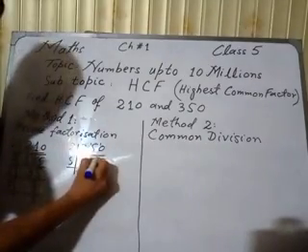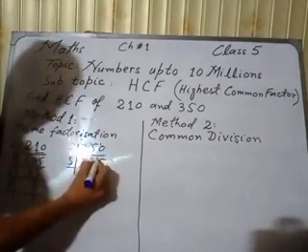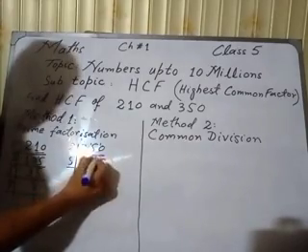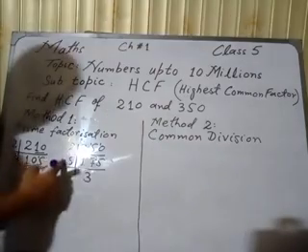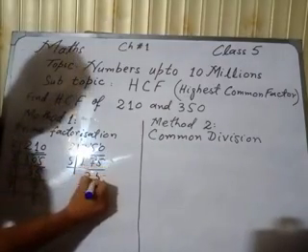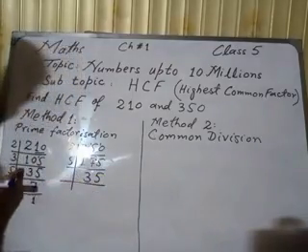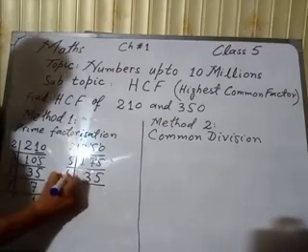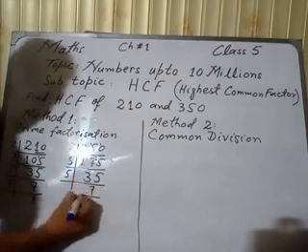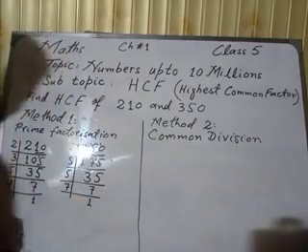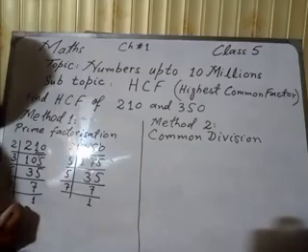It will be considered here and it will become 25. In the 5 table, 5 fives are 25. Now we have again 35, the same as here. You will use the 5 table: 5 sevens are 35 and 7 ones are 7.